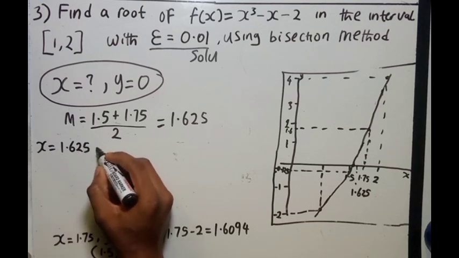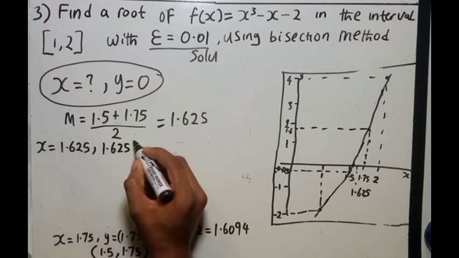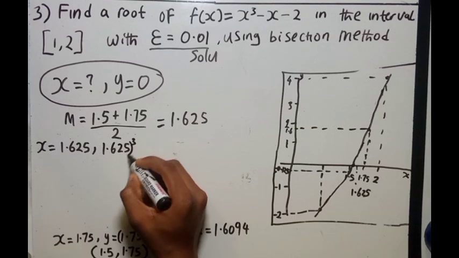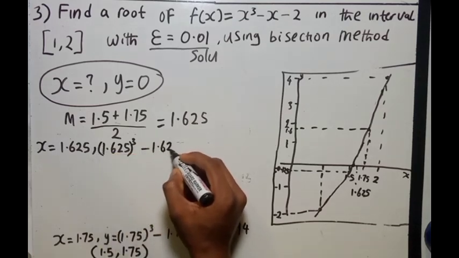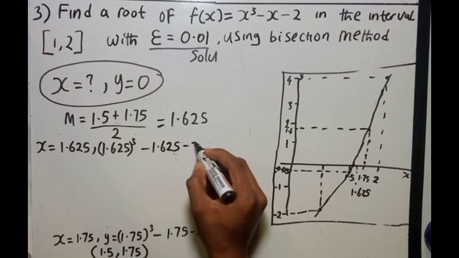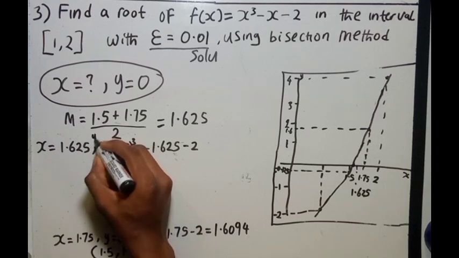Now what is the value of y when x is 1.625? Then we will say 1.625 cubed minus 1.625 minus 2. Now with the calculator, remember this is the value of your y.